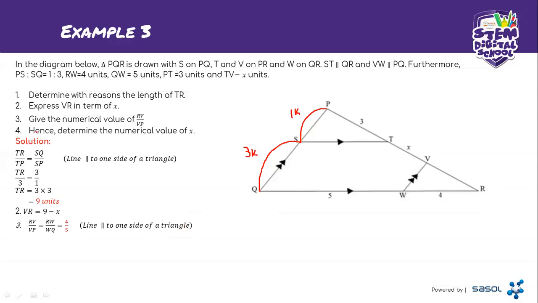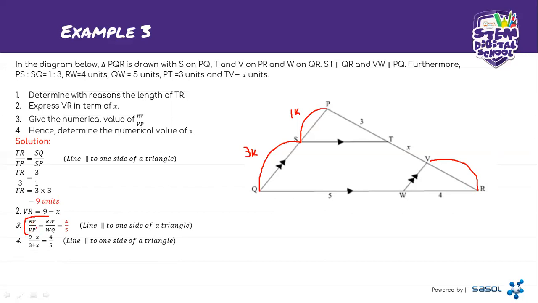The next question, hence determine the numerical value of X. Where is X? All right, now we're looking for this X, and let's see how we do that. If you remember very well, we have expressed this VR in terms of X. It was 9 minus X. Now, we are going to use the same ratio as in number 3.